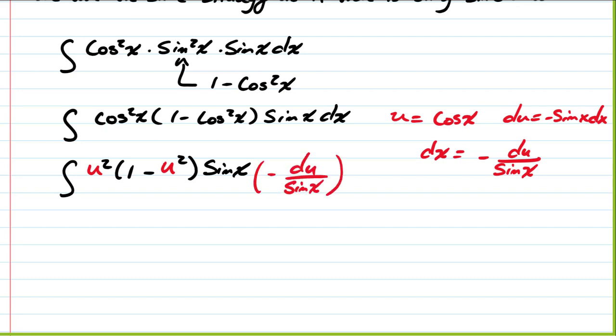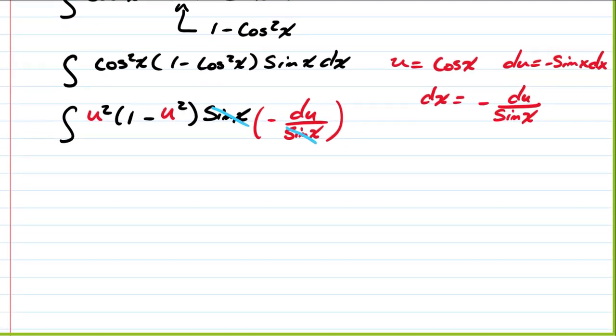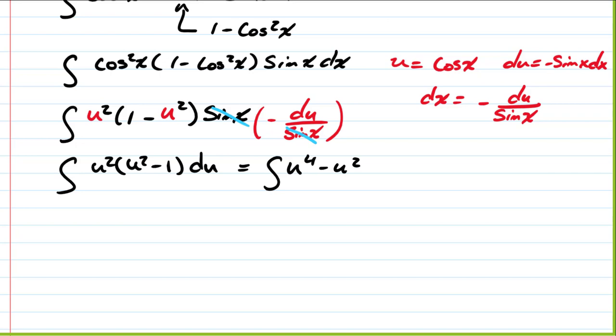And once again, all of our x's reduce out as they should, and we have a new integral in u only, which we can then integrate. So once again, I'm going to distribute that minus sign into 1 minus u squared to make it u squared times u squared minus 1 du. So that's the integral of u to the fourth minus u squared du.